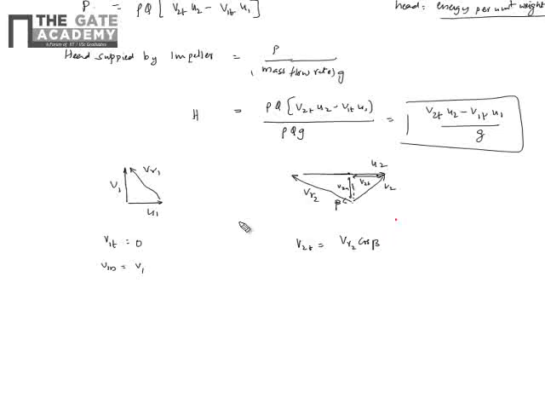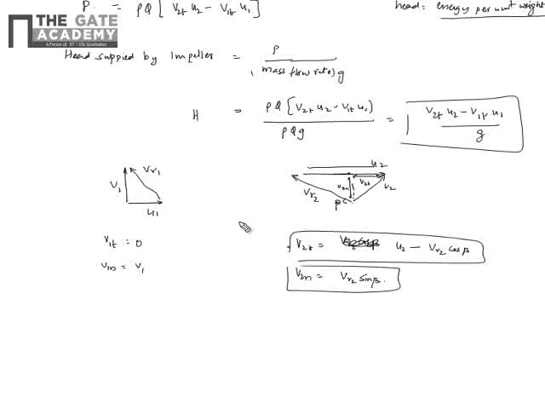So u2 is the total thing, and u2 minus vr2 cos beta is your tangential component, and the normal component is your vr2 sine beta. Okay, so this is about tangential and this is about the normal, both for the inlet and the outlet.